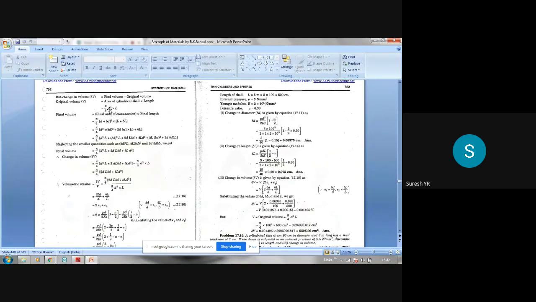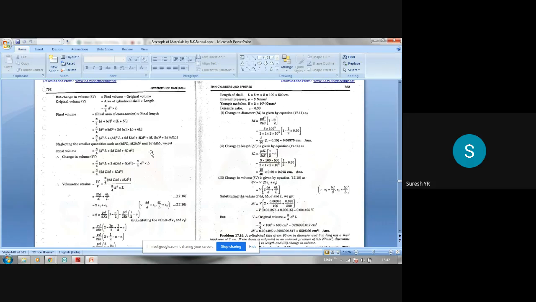D should be replaced by D plus delta D, because due to the pressure there will be some deformation in the diameter, and there will be some deformation in the length. That should be taken into account. So D is replaced by D plus delta D, L is replaced by L plus delta L, and multiply this and simplify, neglecting the smaller quantities, that is delta L square, delta D into delta L, and delta D whole square.